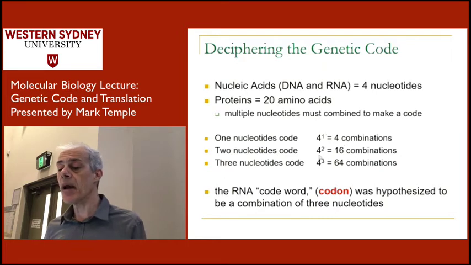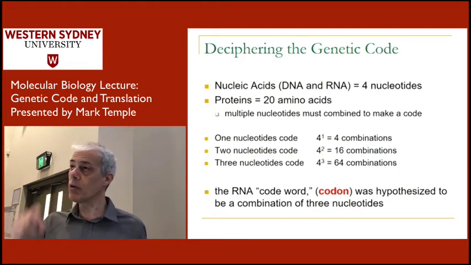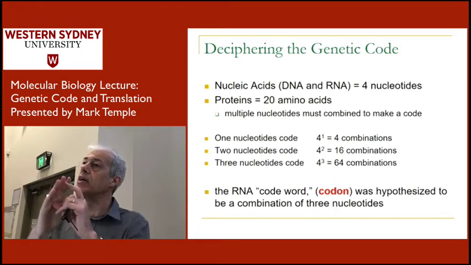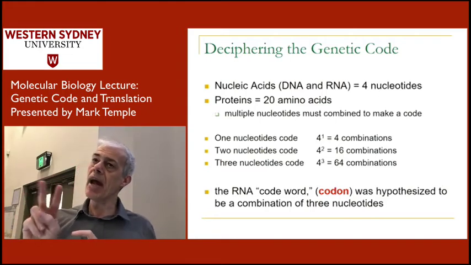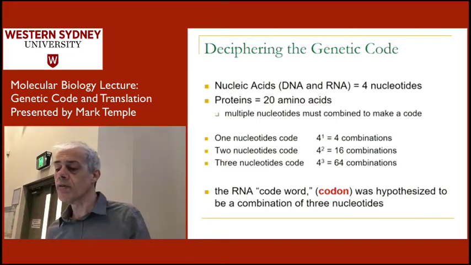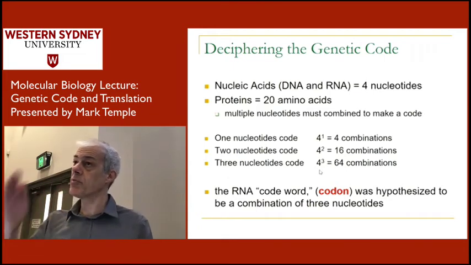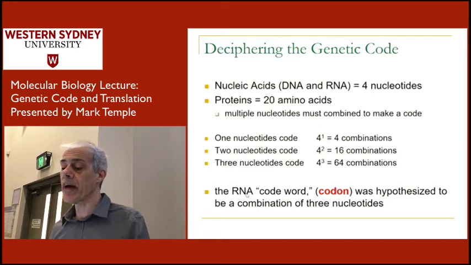If a pair of nucleotide bases, in other words 4 times 4, because you've got the first position an A and the second position a T, so that's one combination, you can make up 16 combinations of nucleotide pairs. So a pair of nucleotides can code for 16 amino acid residues, which isn't enough to code for 20 amino acids. But then suddenly, if you take 3 nucleotides, which is 4 times 4 times 4, because you multiply by the third position, you get 64 combinations.